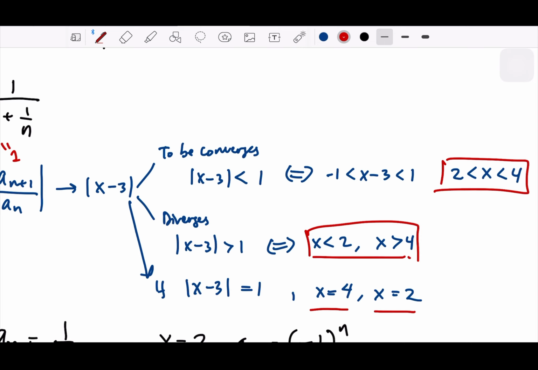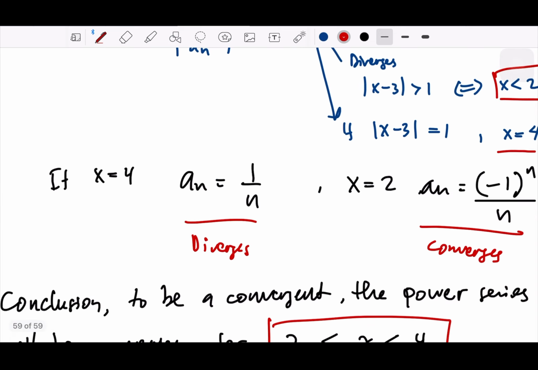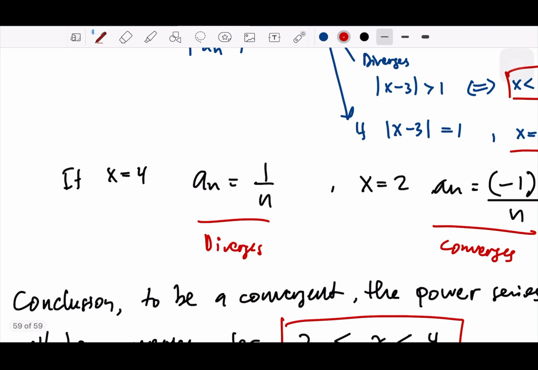The case where the absolute value of x minus 3 equals 1 is inconclusive, which means we need to test x equal 4 and x equal 2 in our original question, whether it's converged or diverged. So we check one more time. When we have 4, it's just 1 over n, right? 4 minus 3 is 1, 1 to the power of n, so it's just the constant 1, and 1 over n is the divergent harmonic series.